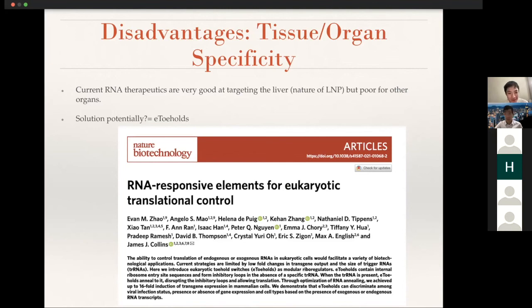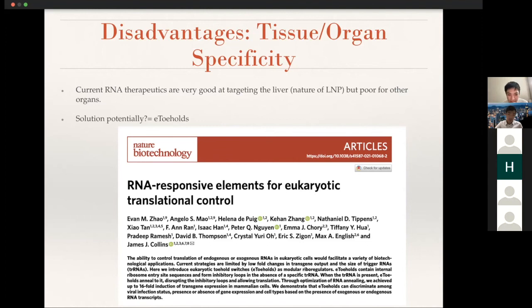In simpler terms, eToeholds act as sensors inside our cell that can detect which cell type we are in, simply by binding of specific mRNA molecules to it. When we place it in front of an RNA molecule, it allows for fine control in manufacturing of our desired protein.